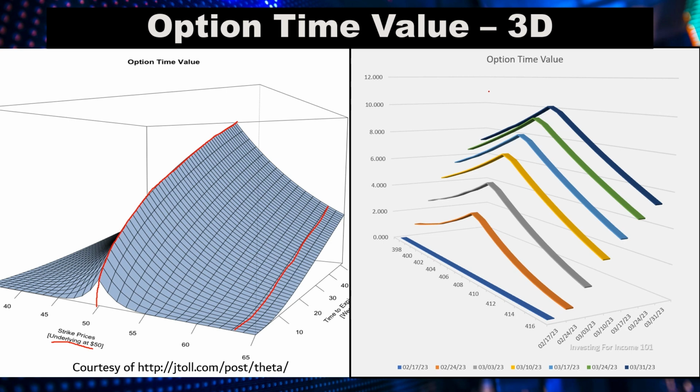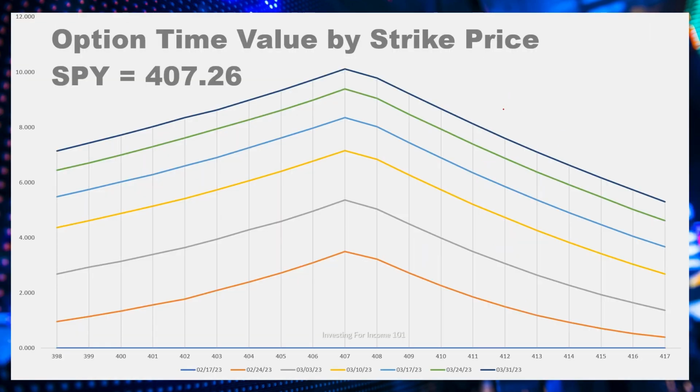This is for SPY calls a couple of weeks ago. So let's look at it in a little more detail. I looked at different expirations and different strike prices for SPY calls.